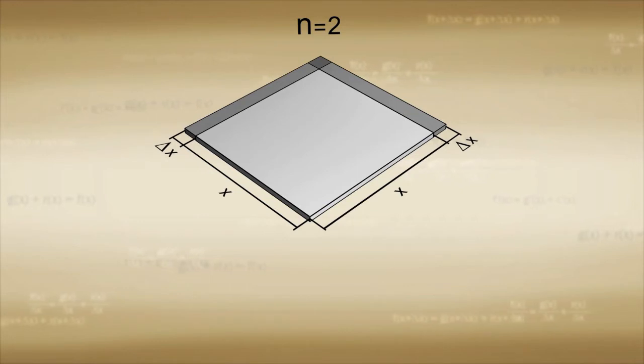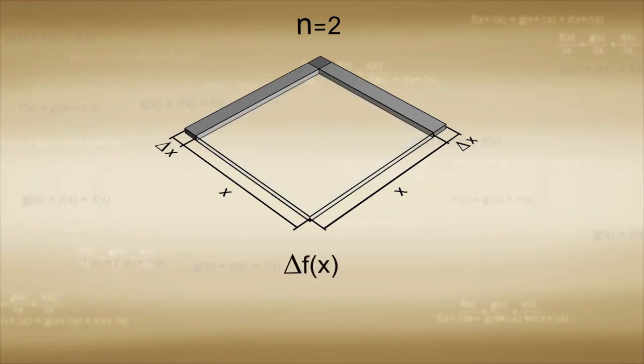We know that we need to have various combinations of components from side 1 and side 2, which are composed of x and delta x, and when combined they will create the whole that we will call delta f of x.